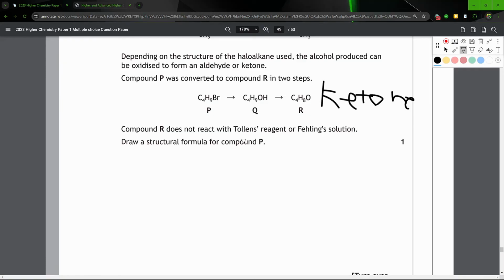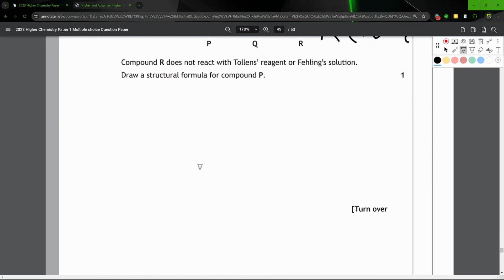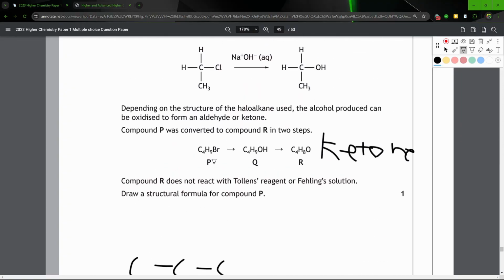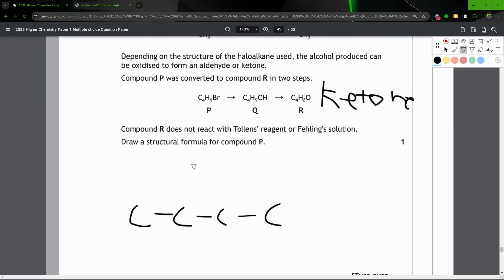So when we go backwards, effectively we're just replacing our double bonded carbonyl group with our haloalkane bonded group. We need to make sure it's in the middle of our carbon chain. So let's write that down. It's still C4, so we're going to have 4 carbon atoms, and then on either the second or third you can put your Br, bromine, and all you need to do from here is populate your hydrogens.